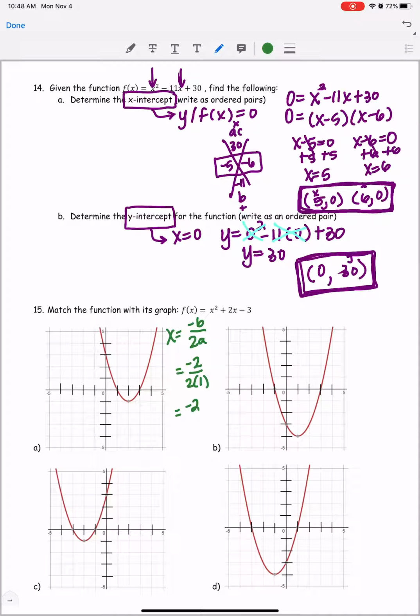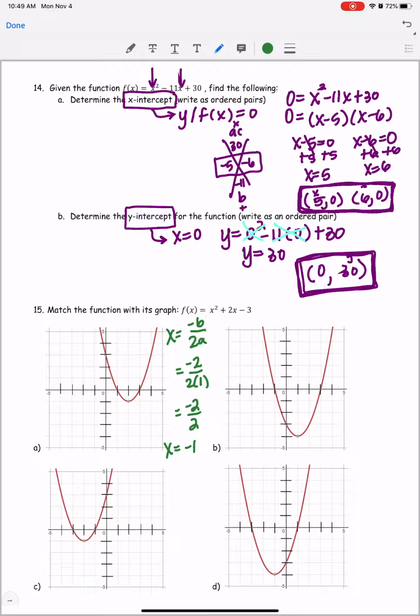So this is negative 2 over 2. So my x equals negative 1. That's actually all the information I need.